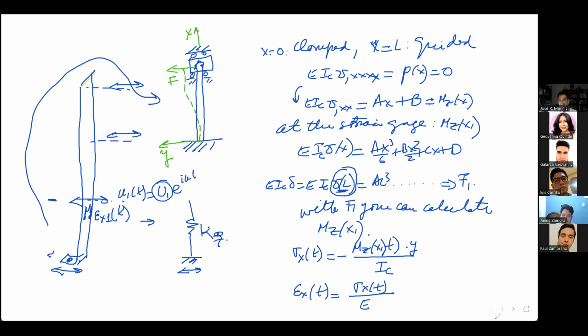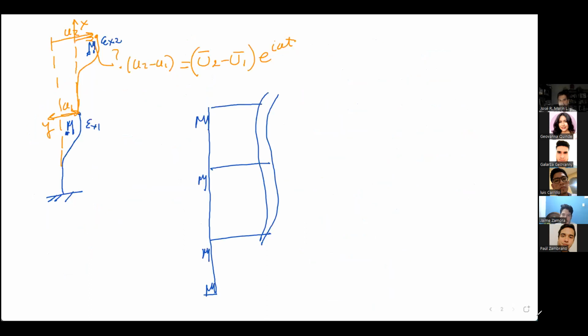Maybe you get confused, so let me put it horizontally. This is your beam. It's guided. Let's have a positive force here, so this is going to deform like this.